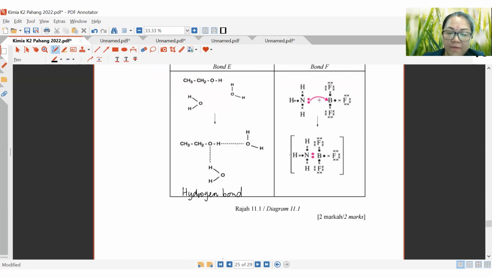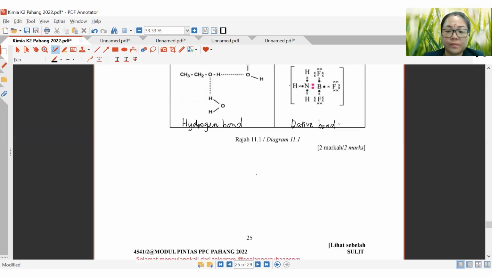What about bond F? Bond F is the dative bond. Because of this, the extra two electrons get attracted to another one, then that is dative bond. If it forms in between this, the key is hydrogen attached over to oxygen, fluorine, or nitrogen, it's normally hydrogen bond.